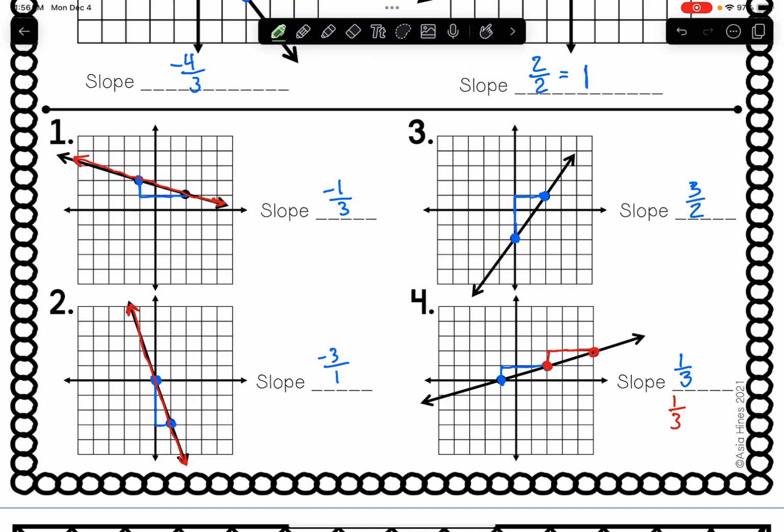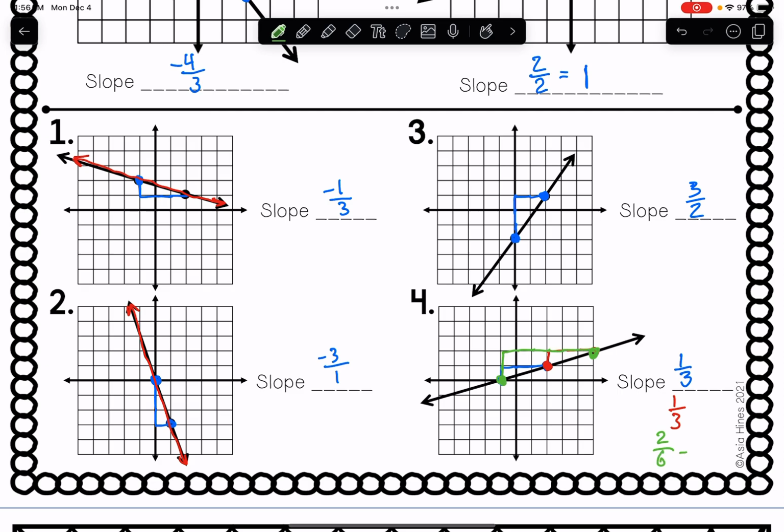Okay, but what if I picked the furthest 2 points? It's got to be that that number is going to be different, right? Well, let's see what happens. We've got a rise of 1, 2, rise of 2, okay. Looking like my hypothesis for a second was correct there. But we've got a run of 1, 2, 3, 4, 5, and 6.